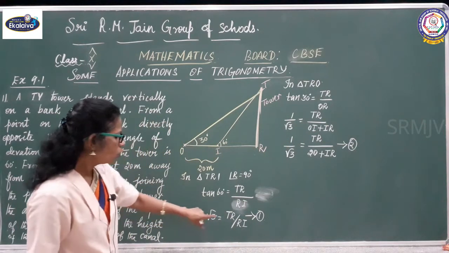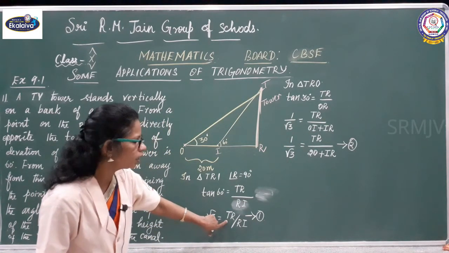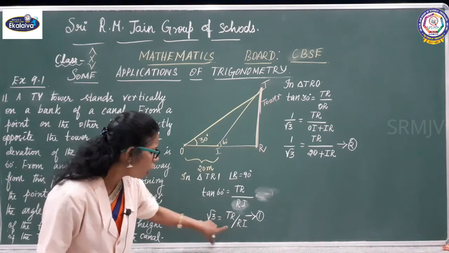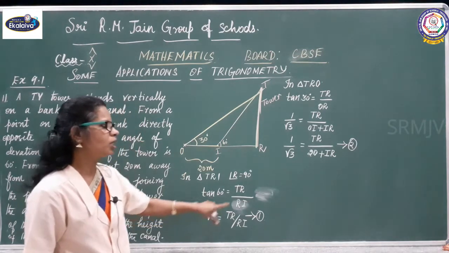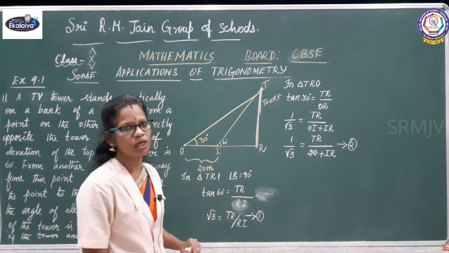Now, you see what is TR here? TR is nothing but RI root 3, that we can substitute here, right?